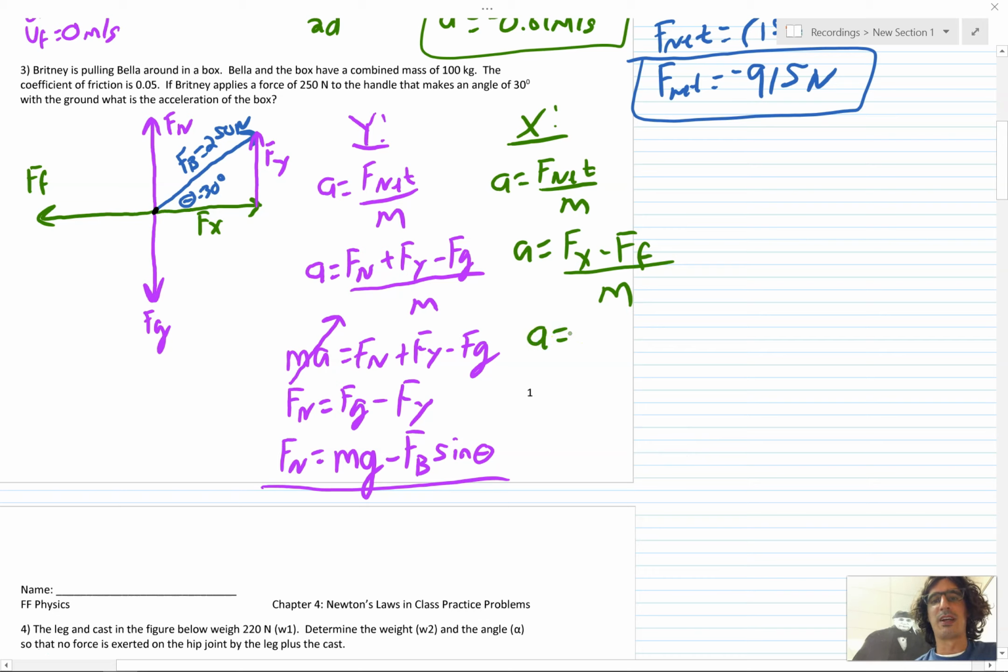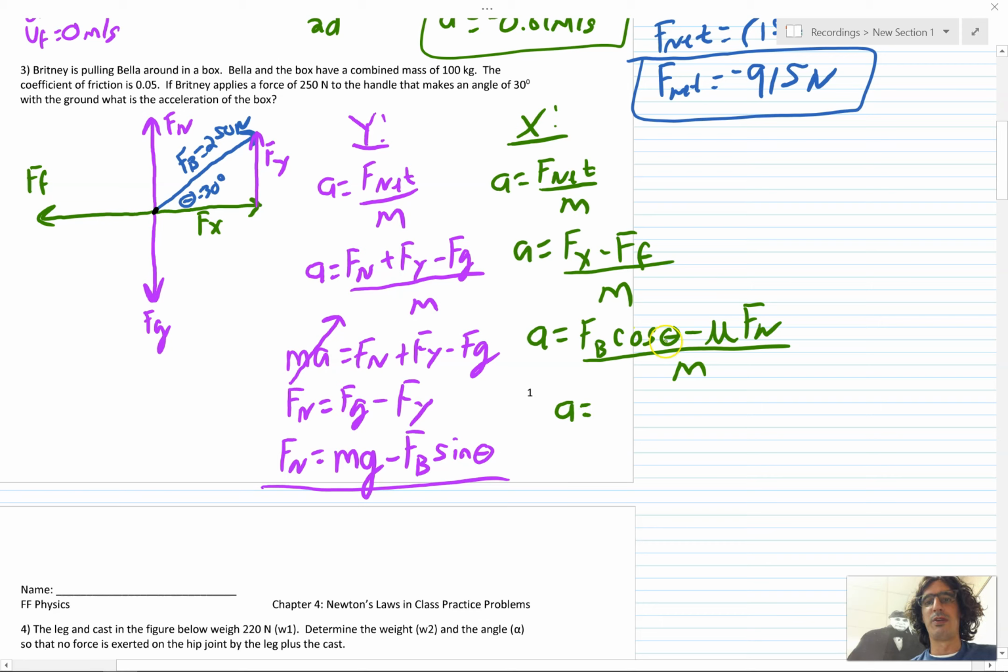We're solving for the acceleration, so it's not going to be 0, or it probably won't be 0. So let's break down the formulas. F of x, that's the force of Brittany in the x direction. It's adjacent to the angle, so it'll be the force of Brittany times the cosine of theta, minus mu, the formula for force of friction, minus F of F, the formula for force of friction is mu F of n, all over the mass.